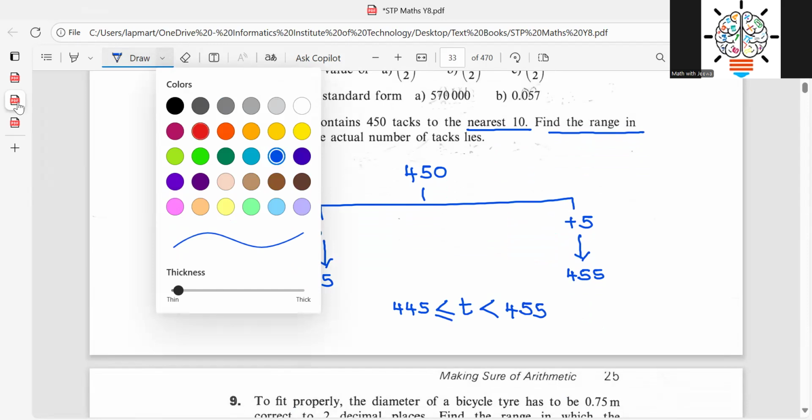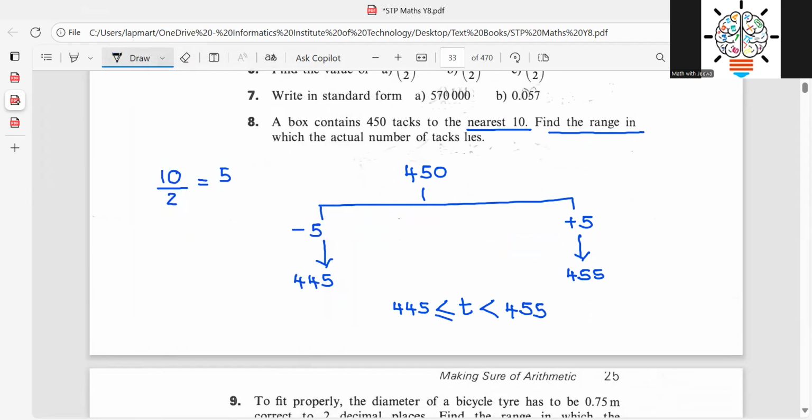Now you just imagine that you have 444 tacks. When I correct this to the nearest 10, this is the tens place, no? And I look at the next number, I correct this to the nearest 10, that becomes 440, not 450. That means to get the answer 450, the lowest possible number is 445.